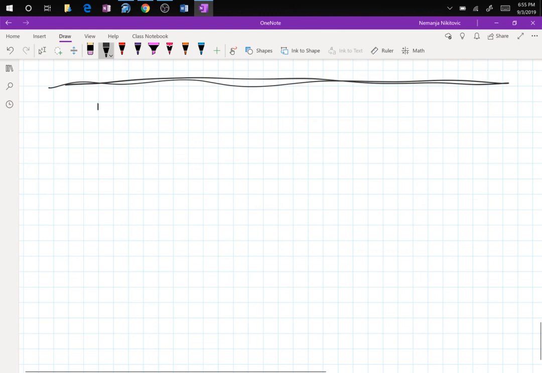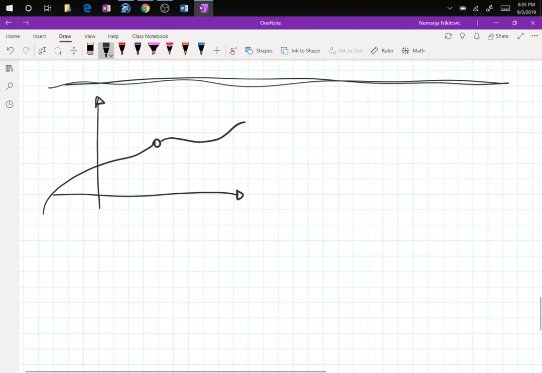So here I have a function, right? You can call this a holey function because there is a hole in it. And you will dislocate this value somewhere.